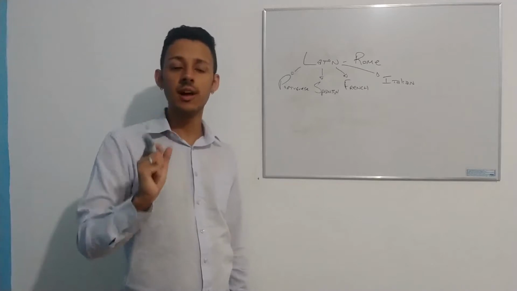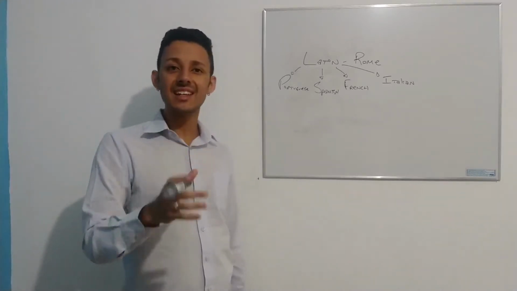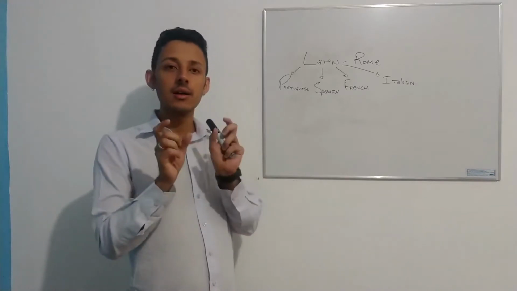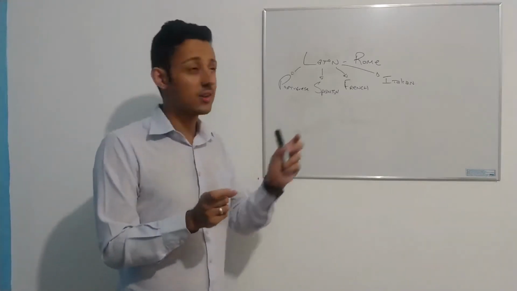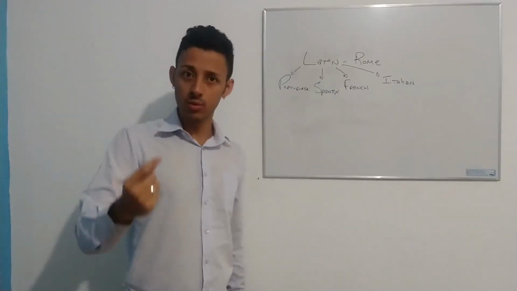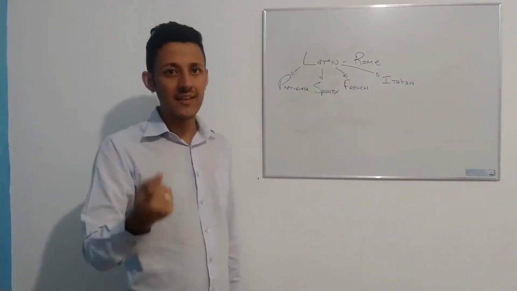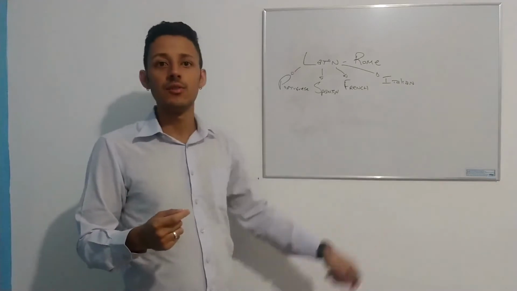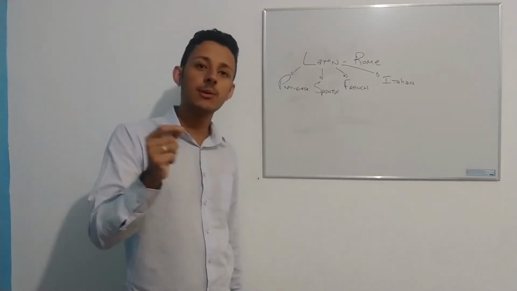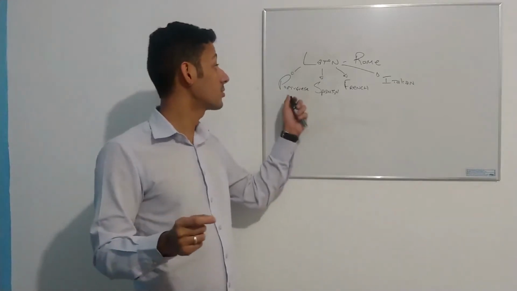Italian, a little less, because Italian is considered to be closer to Latin. So the tendency, it's not a rule, but the tendency is that Italian, for example, is more regular when we write than Portuguese.